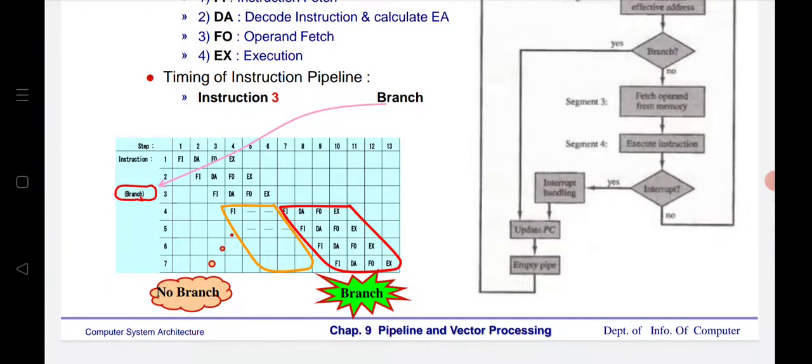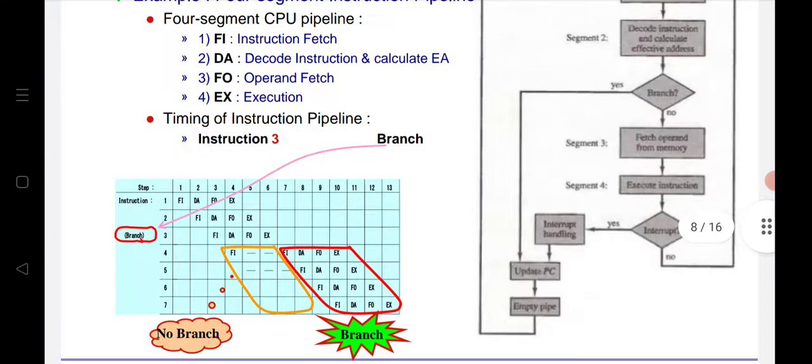Okay, now let us see how the no branch and branch instructions differ. In the first clock pulse, you will be executing the first instruction FI, the instruction fetching.